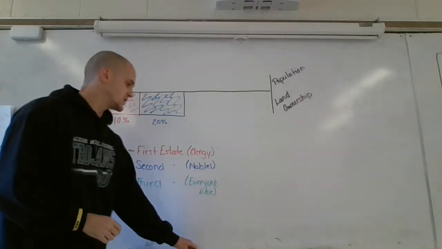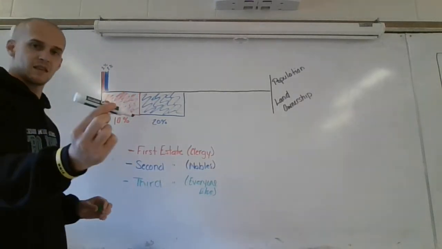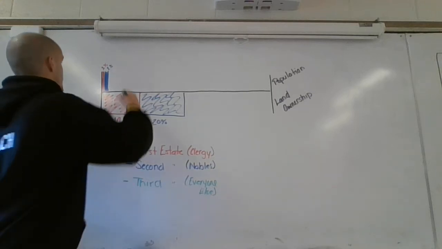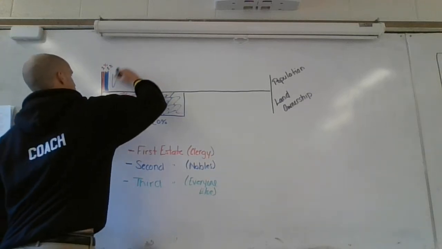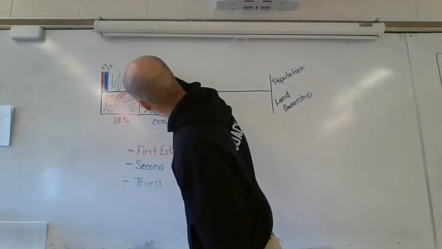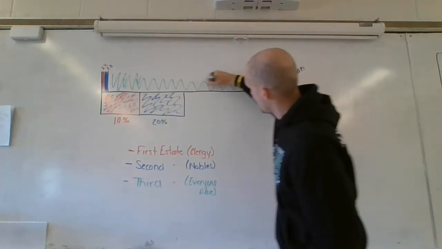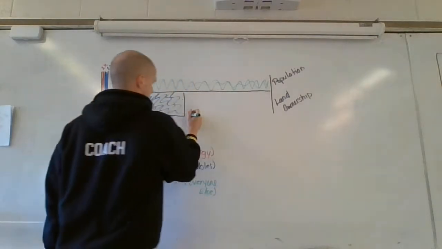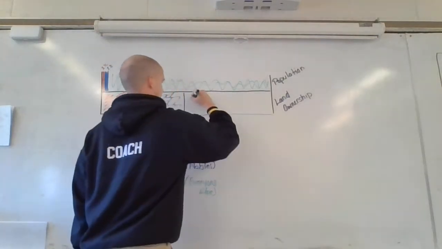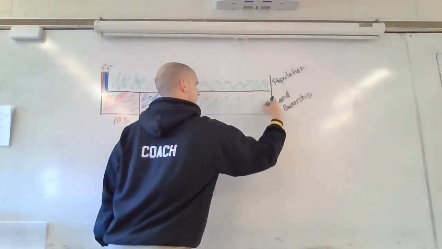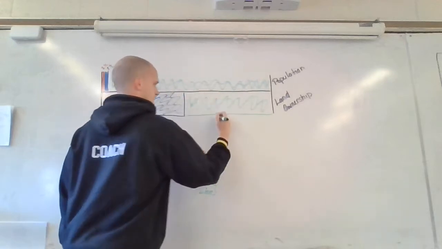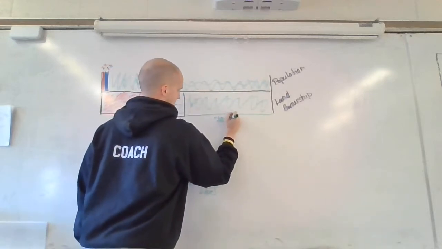And so that means that the third estate, which I have representing in green, controls the remainder of the population and controls the remainder of the land, or 70%.